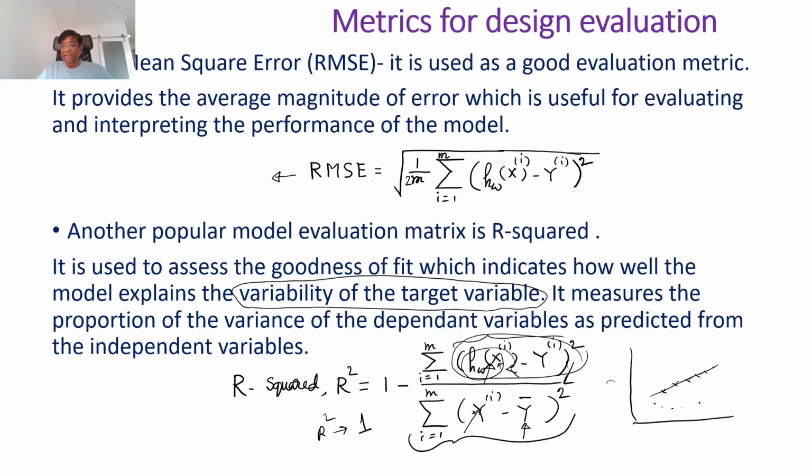And if your data is like this, everywhere data is this, but you have a highly biased model, that will be reflected when you calculate this parameter. Say it is very low. Normally it is calculated as a percentage because this is actually a proportion factor.